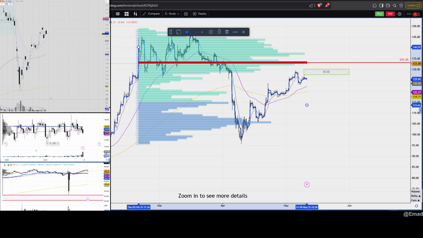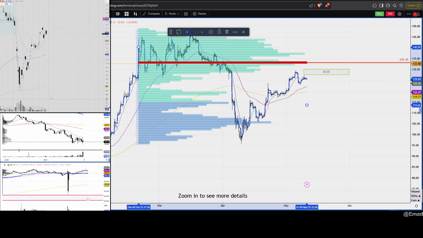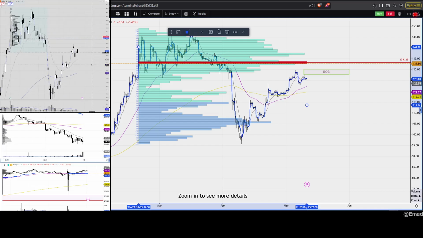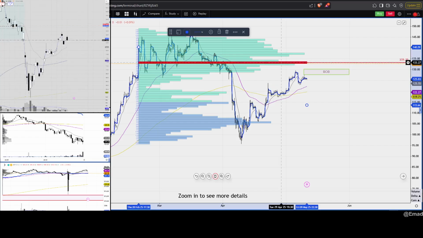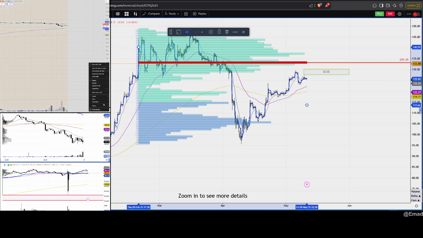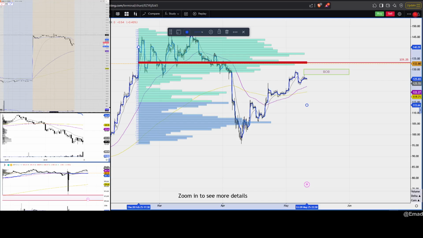Let's change this to Baba, although it's not necessary right now. Did it touch 135 in the pre-market? Okay, it failed 135. 135 is a failure level. It might go hit 135 and then come down.